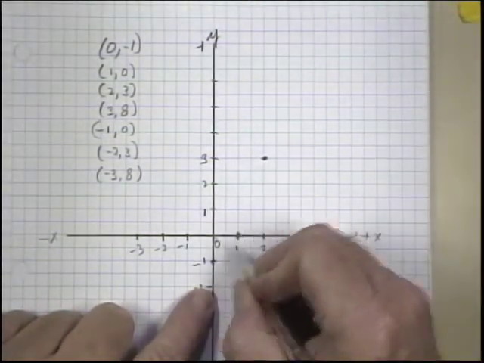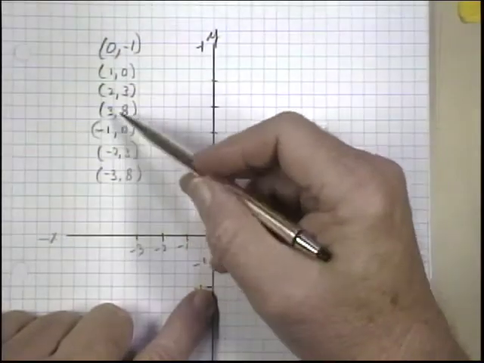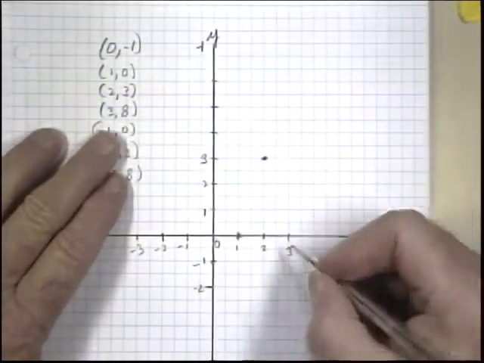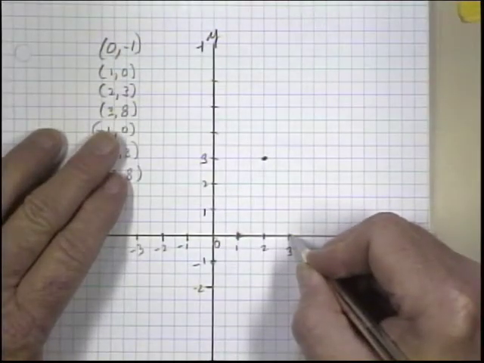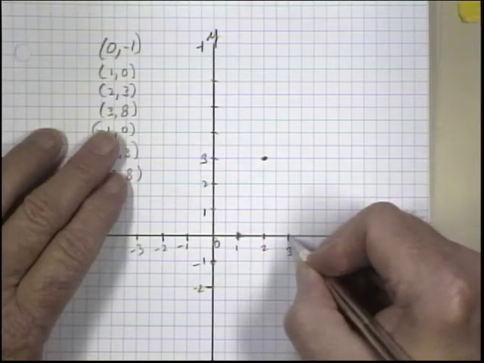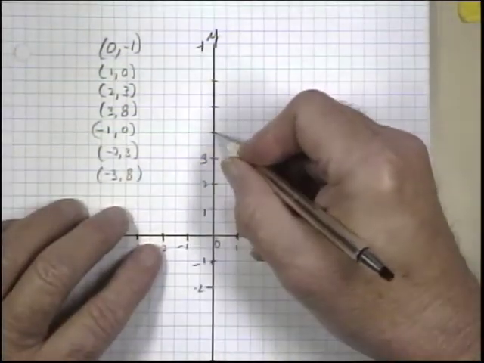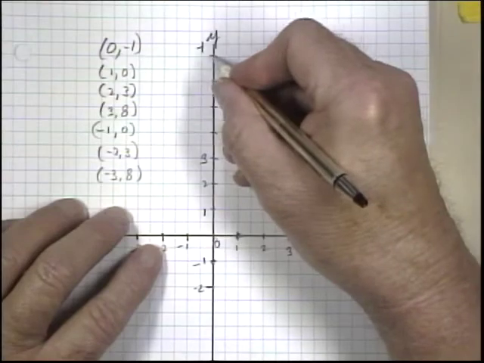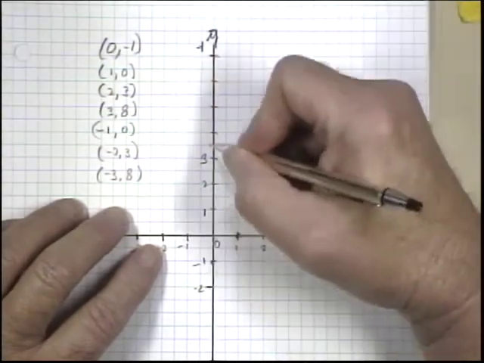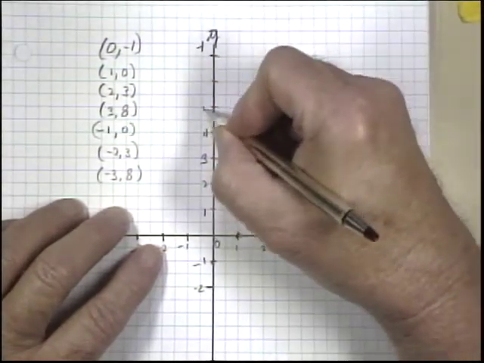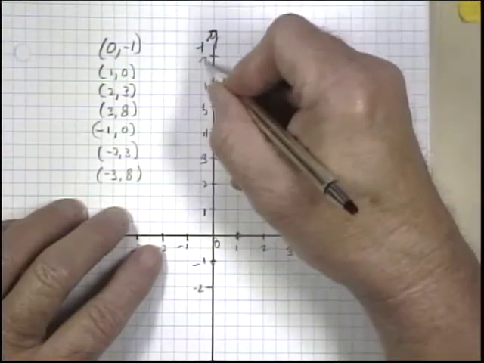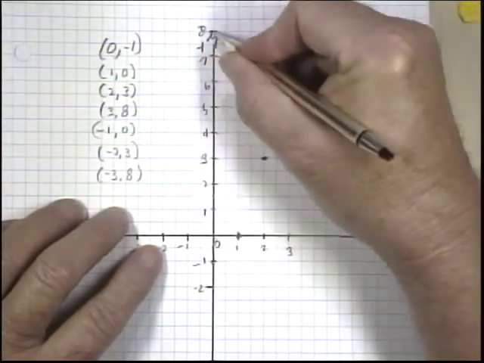And our last one was x equals 3 right here, and y equals 8. We'd have 3, 4, 5, 6, 7, 8. Way up here.